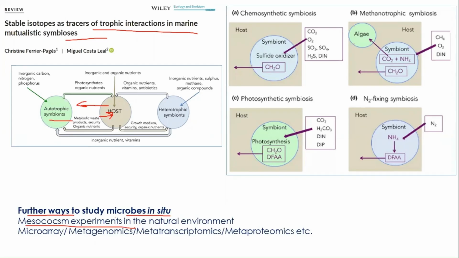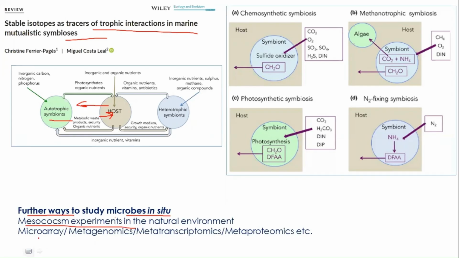So let's say that instead of doing it in 10-liter tanks in the laboratory, you are doing it in a 1,000-liter big drum in the marine environment itself. Those kinds of experiments are more realistic in nature, and can tell you much more information about the microbial community in nature, rather than performing the experiment in laboratory conditions.